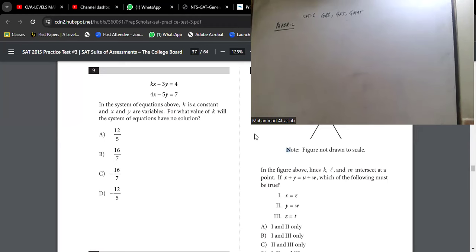These are the lines K, L, and M. They intersect at the points if x plus y is equal to u plus w.